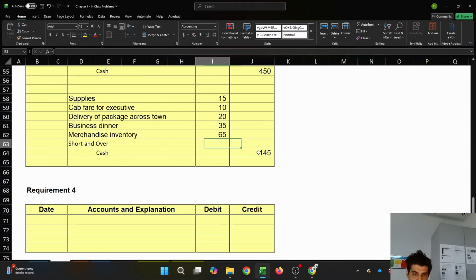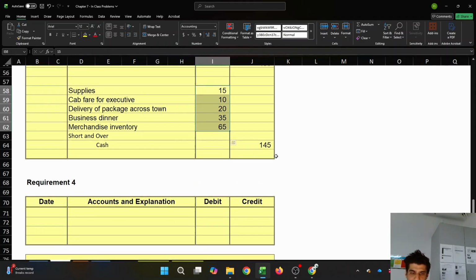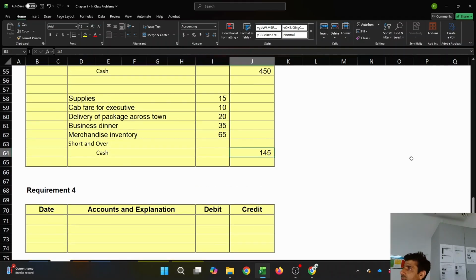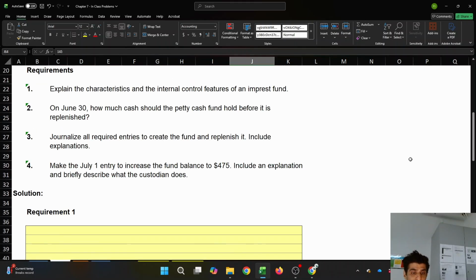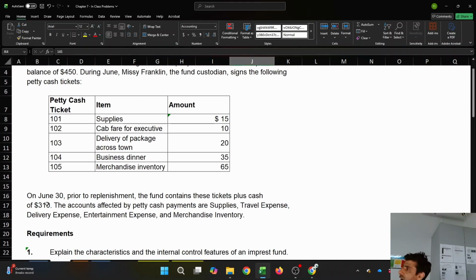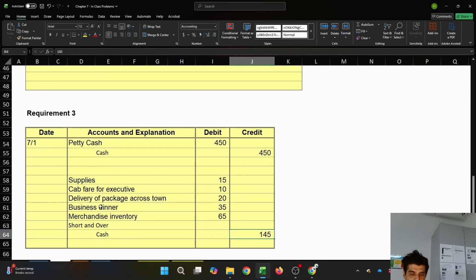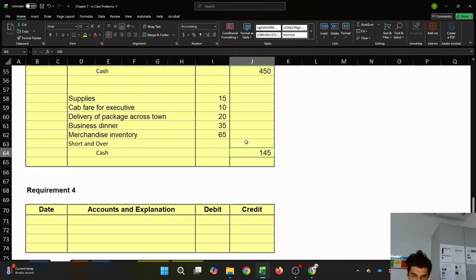If that was the case, I wouldn't need this because these debits sum up to 145 and this credit would have been 145. So theoretically, I should have had $305 in here. But since some mistake happened, I had more money than I should have theoretically had. Okay, everyone good with that? Understand? Okay. So I'm going to change this back.